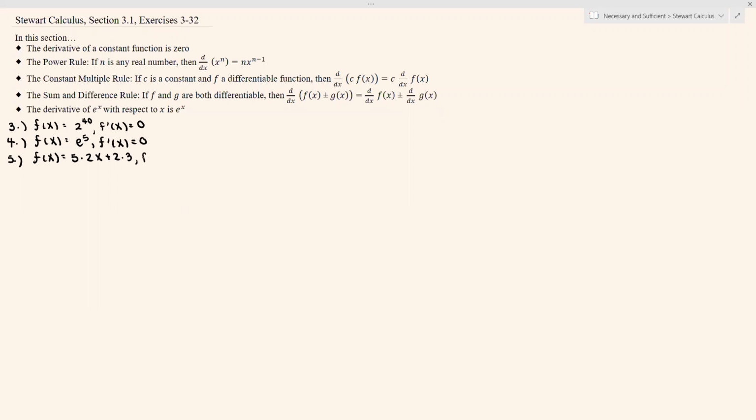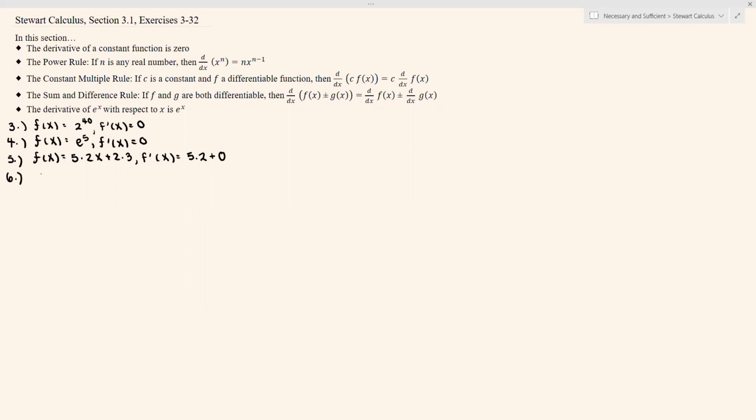So f prime of x is equal to, let's take the derivative of 5.2x first. The derivative of x is just 1 because we can think of this as x to the power of 1. And when we take the derivative, that becomes 1 times x to the power of 0, but that's just 1. So this is 5.2 plus the derivative of 2.3, which is 0 because that's a constant. So we have f prime of x is equal to 5.2.